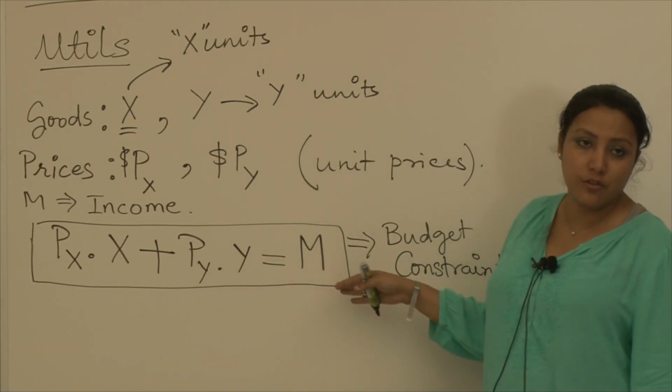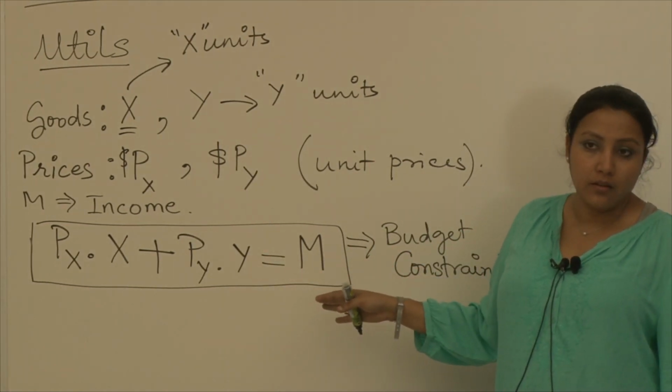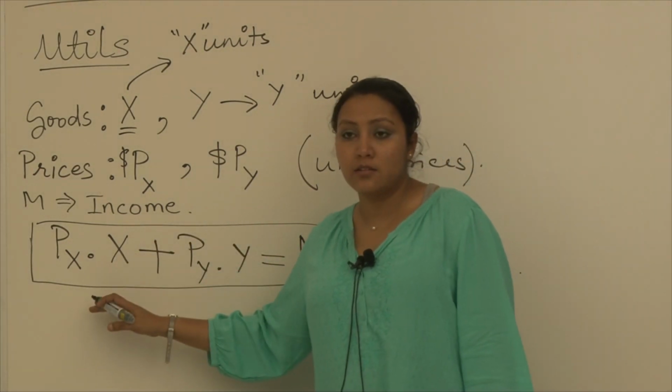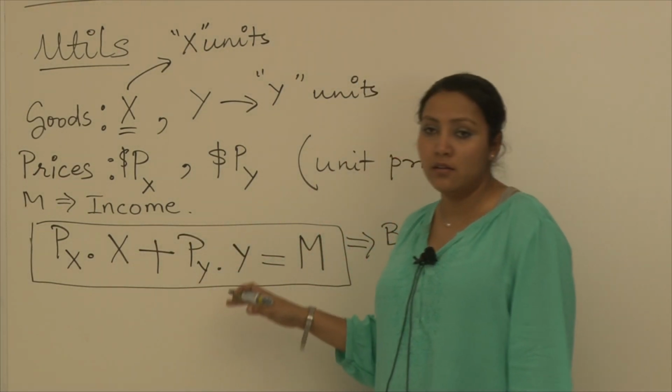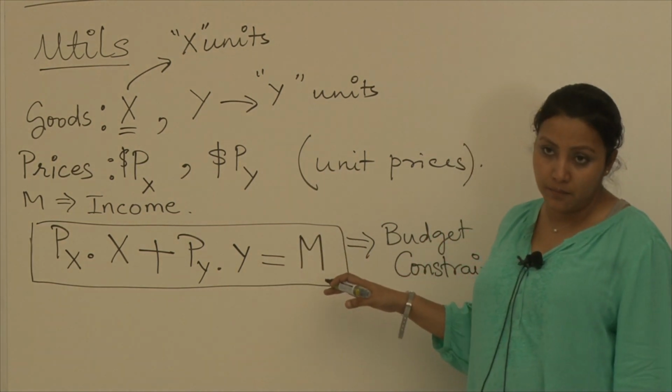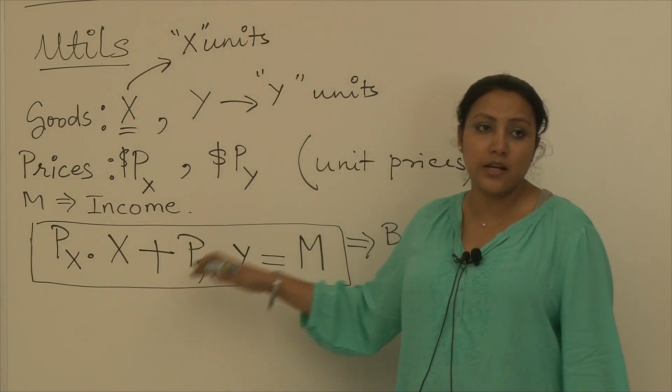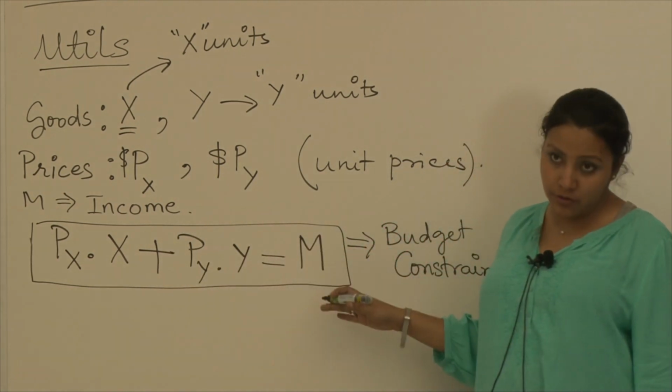This is an equation of a straight line, right? I'll understand it once we put real numbers in there. 5x plus 10y is equal to 100. Let us say 5 times x plus 10 times y is equal to 100.